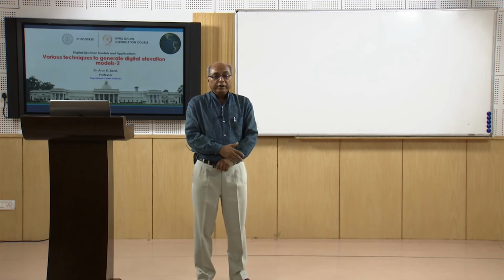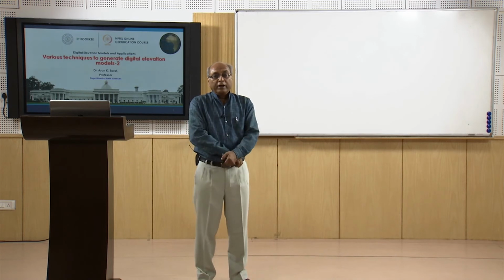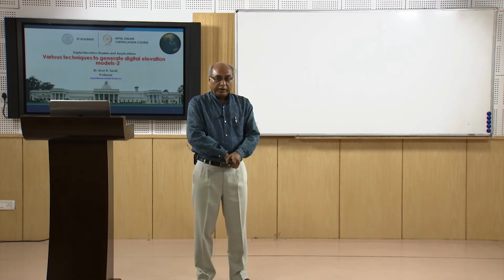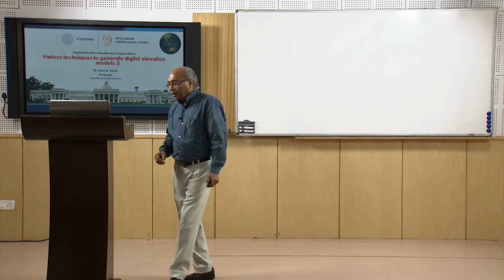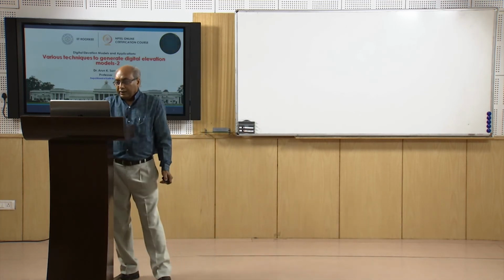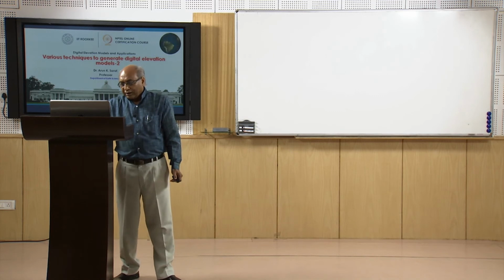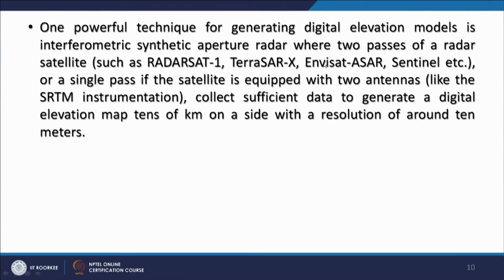When we go for interferometry, we require a pair of images of the same area covered from two different angles, so two passes. Examples started with ERS, and later RADARSAT, TerraSAR-X, ENVISAT ASAR, that was the sensor on the ENVISAT satellite, then Sentinel, which is currently operational, and this data is available.